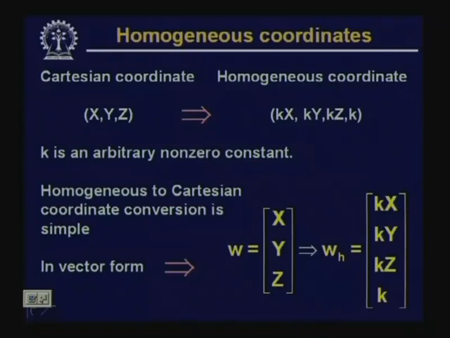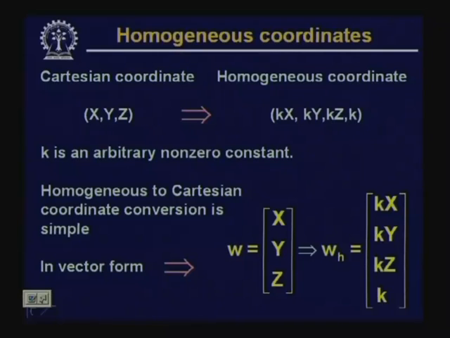So, if I divide all these three terms by the fourth component k, I get the Cartesian coordinate x, y, z. So, I can convert a 3D point from the Cartesian coordinate system to the homogeneous coordinate system, and I can also very easily convert from the homogeneous coordinate system to the Cartesian coordinate system.